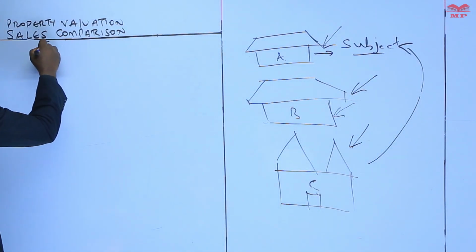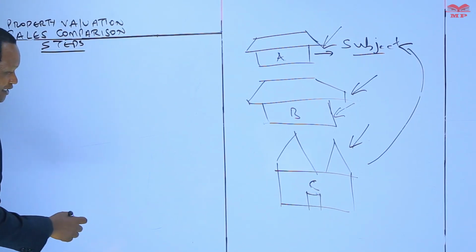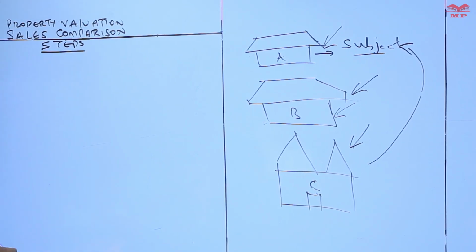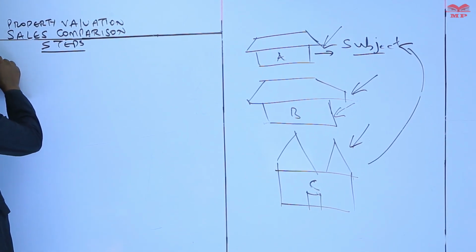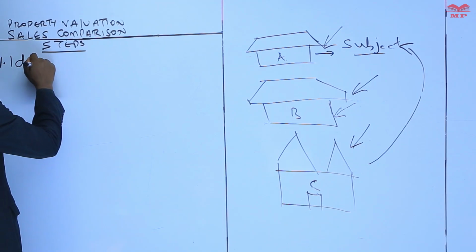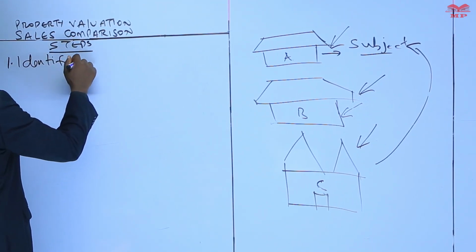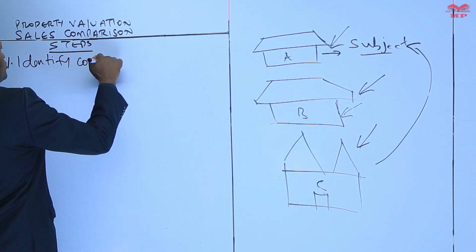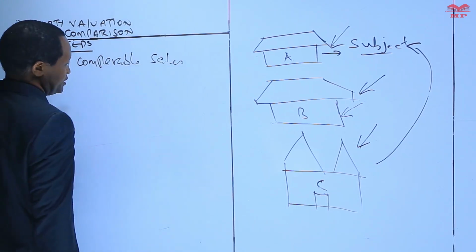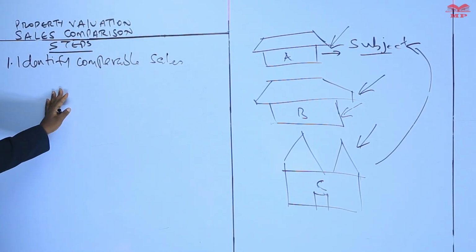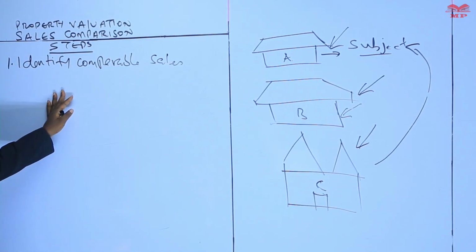So in this lesson, we go through the steps. First of all, let's analyze some of the steps that can be followed in valuing property using the sales comparison method. Step number one is to identify comparable sales.